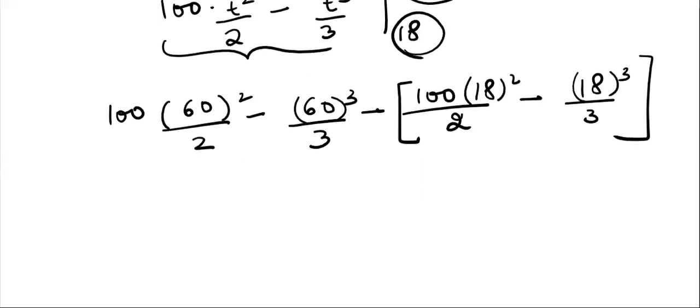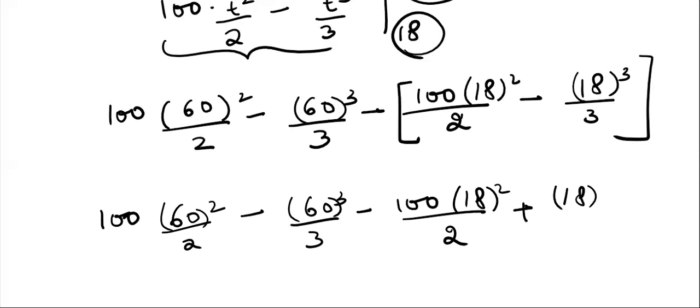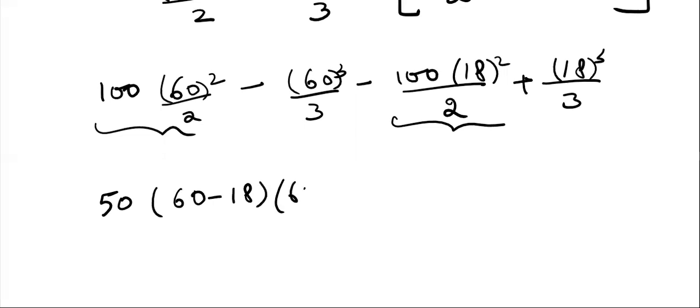Okay, then let's try and solve this. It's simple. I am going to go ahead and say this is 100 times 60 square by 2 minus 60 cube by 3 minus 100 times 18 square by 2, minus becomes plus, 18 cube by 3. Just solve this thing. You can maybe take this common also. So you will have 50 times (60 minus 18)(60 plus 18).